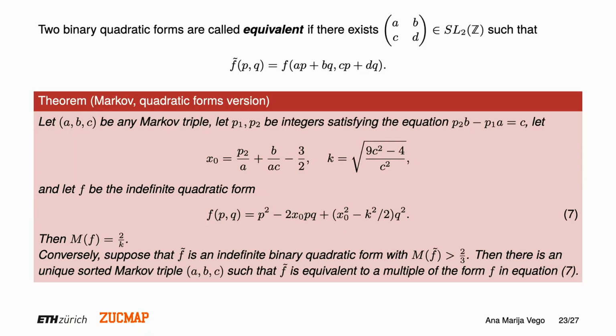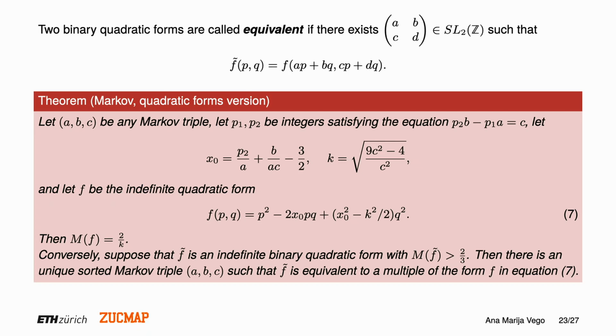And it gives also a converse. Conversely, suppose that we take an indefinite binary quadratic form f tilde such that m of f tilde is greater than 2/3. Then there is a unique sorted Markov triple such that f tilde is equivalent to a multiple of a form given in this equation. And by equivalent I mean that there is a matrix such that the things above hold.